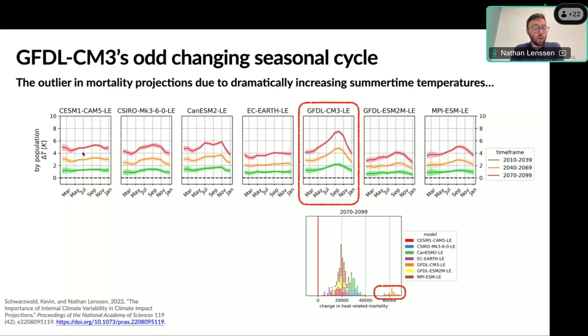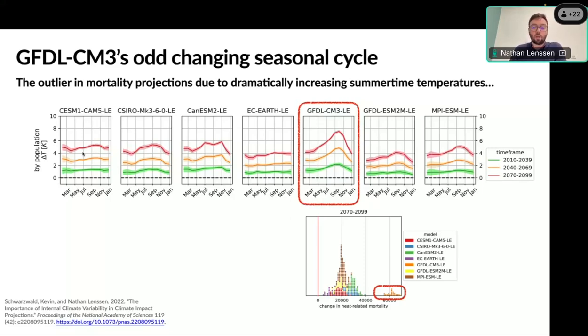We weren't able to dig too much into the physics for this paper, but we're really interested to understand it. It's a great case study of when we should not trust models. What is going on with the temperature and precip, maybe coupling with the land surface, causing such a crazy runaway in late summer, early fall, presumably some sort of feedback over the continental United States?